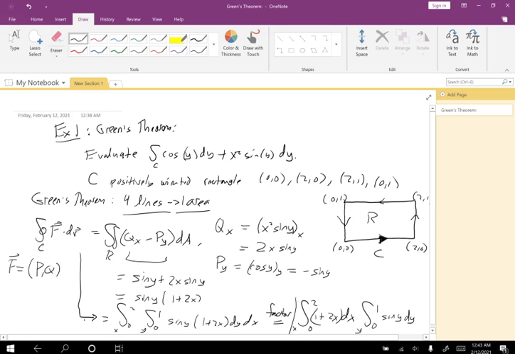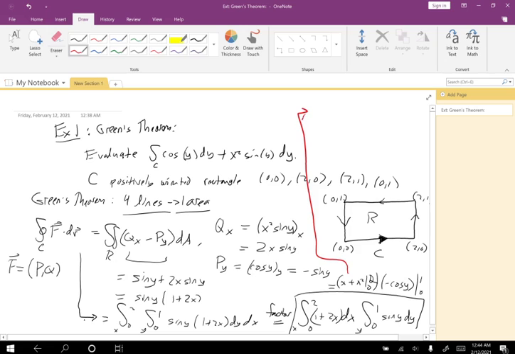And this is pretty easy, because I think this is just x plus x squared. And then we have minus cosine y. So let me just go up top.